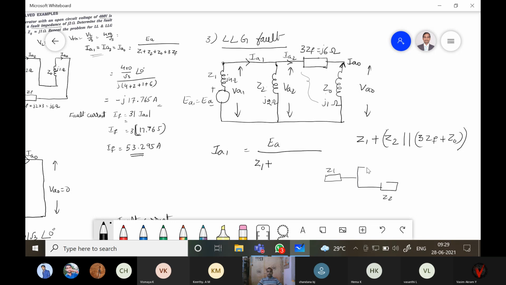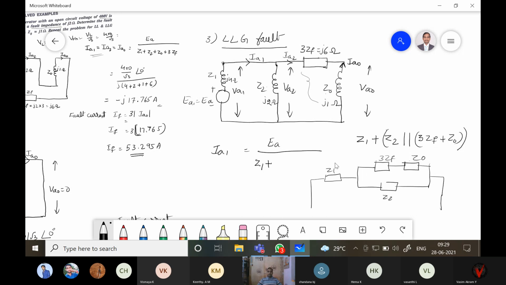Here Z2 is there, here 3ZF is there, and here Z0 is there. So this is your circuit.